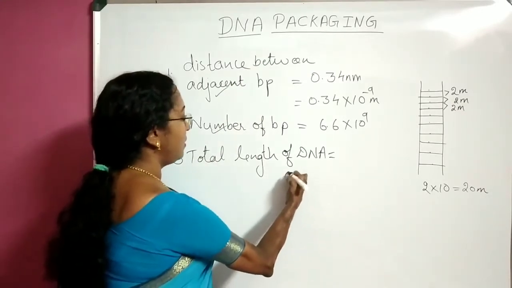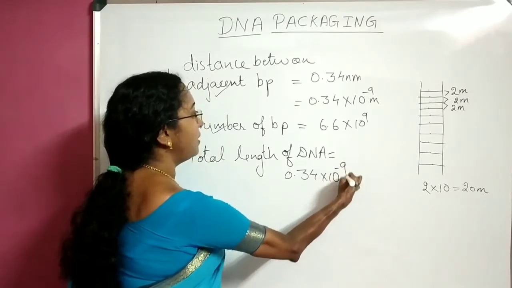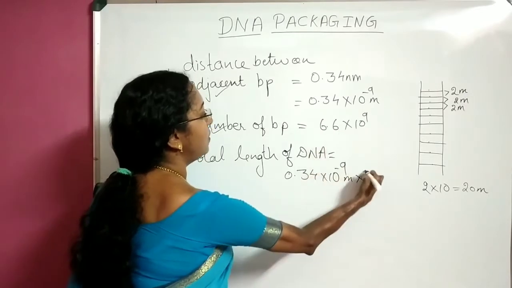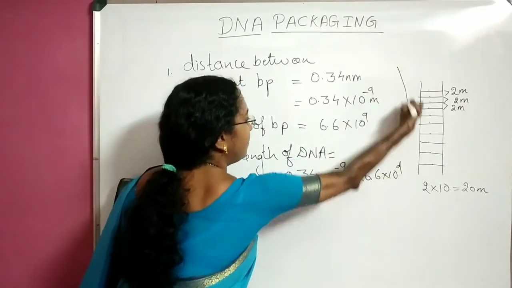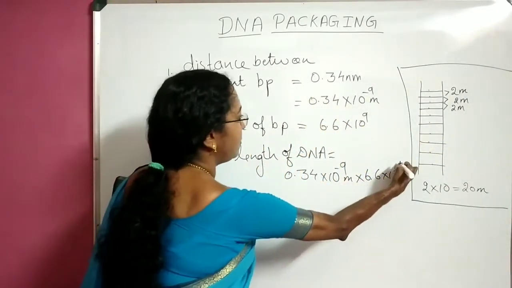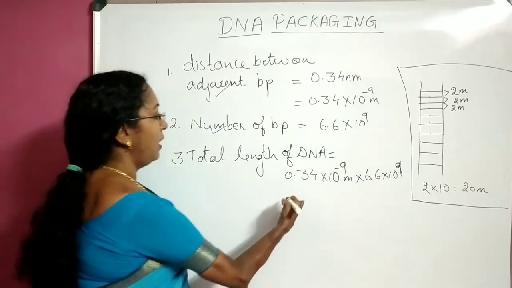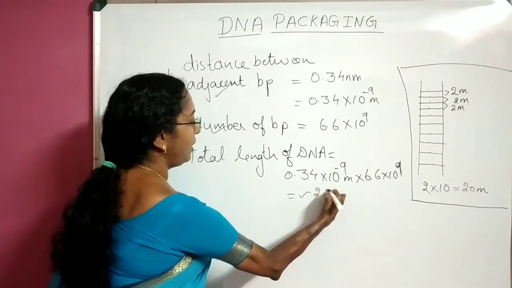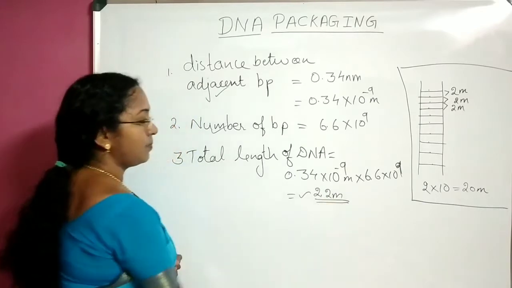That is 0.34 into 10 raised to minus 9 meters into 6.6 into 10 raised to 9. You multiply these two and you will get the total length, approximately 2.2 meters.